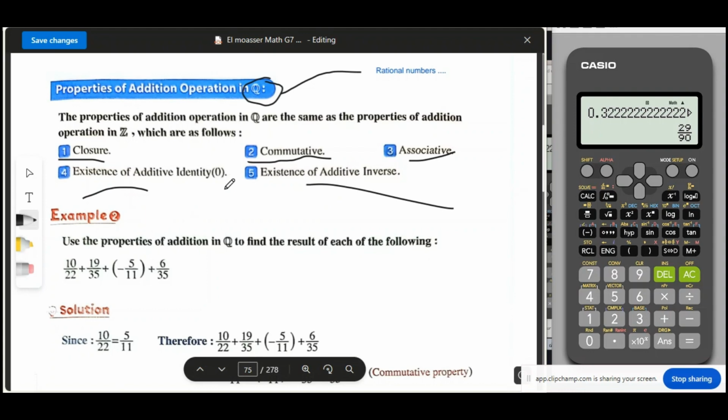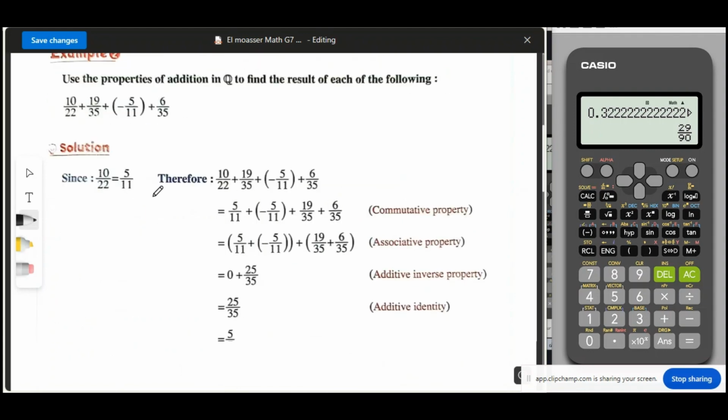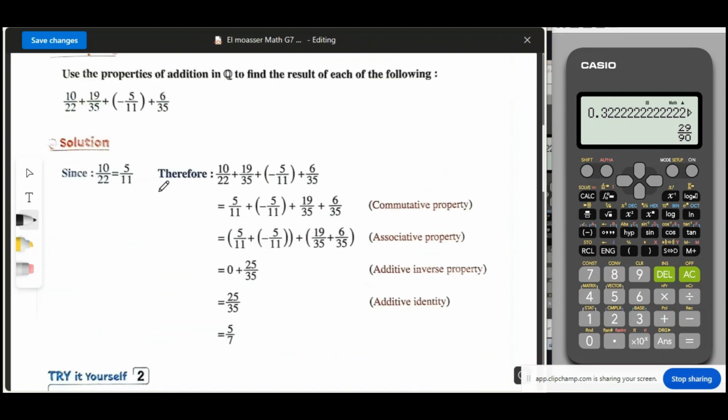It's the same here. Now, what if I told you to solve this? So first thing first, make sure to make equivalent fractions in here. Make sure in the commutative order the same equivalent fraction. So 10 over 22 is actually 5 over 11. Look, it told you here.